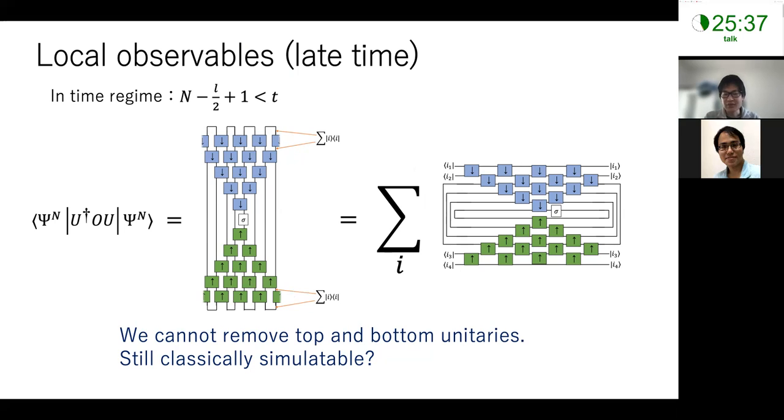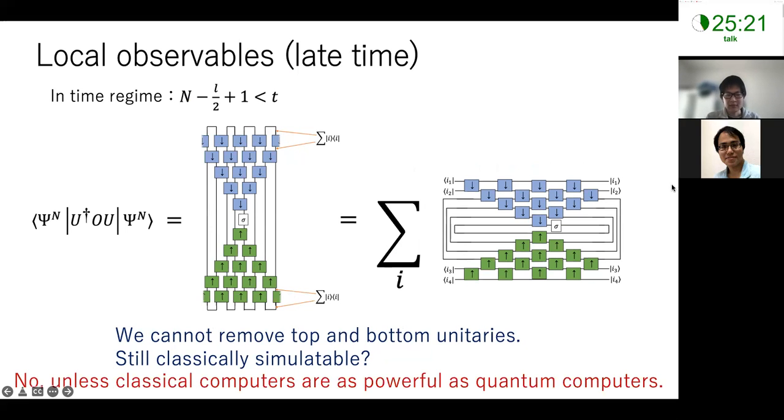So we cannot remove top and bottom unitaries like in early time regime. So the natural question is, is this quantum circuit still classically simulable or not? And the answer is no, unless classical computers are as powerful as quantum computers.